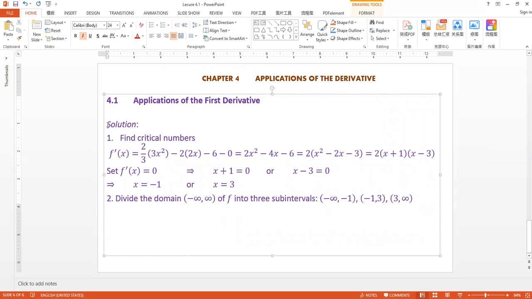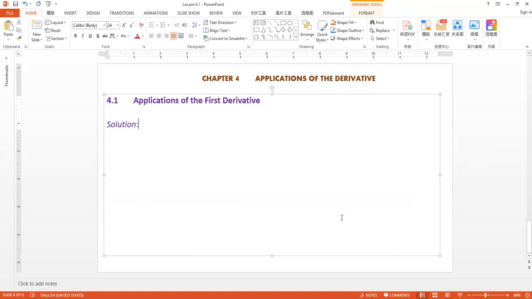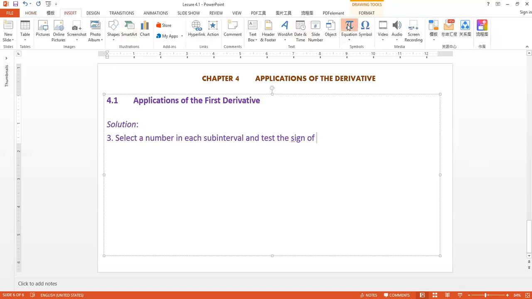Okay, so let's continue with the solution. Step 3: select a number in each subinterval and test the sign of f prime.